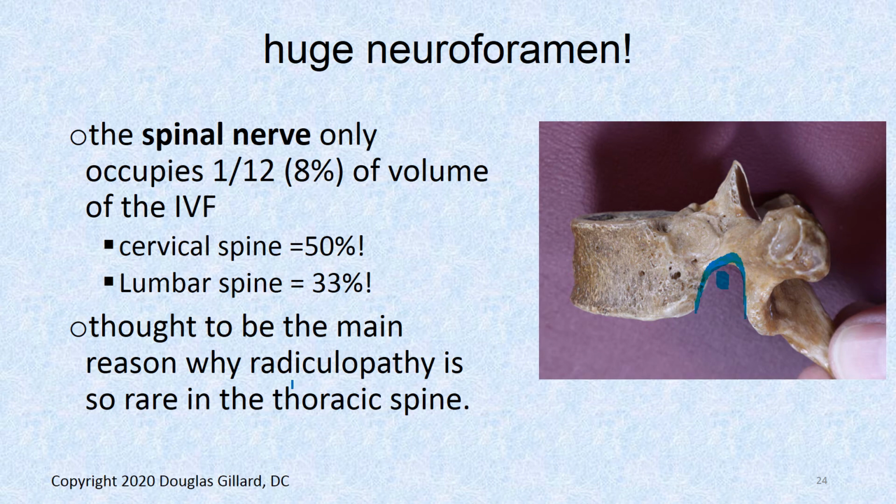What's radiculopathy? Pretty hard to test in the thoracic spine because there's no reflexes, but you can still test sensation with a little pinwheel test or a little pin. Radiculopathy means that you've done a neurological examination and you've found damage. Radicular pain, what would radicular pain look like in the thoracic spine?